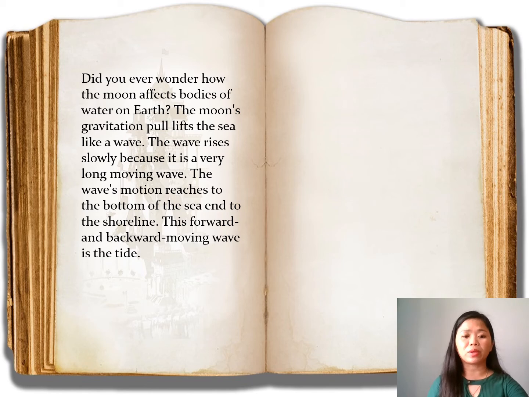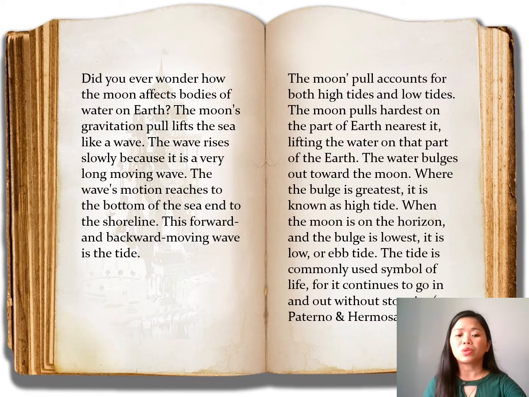Did you ever wonder how the moon affects bodies of water on Earth? The moon's gravitational pull lifts the sea like a wave. The wave rises slowly because it is a very long moving wave. The wave's motion reaches to the bottom of the sea and to the shoreline. This forward and backward moving wave is the tide. So the moon pull accounts for both high tides and low tides.